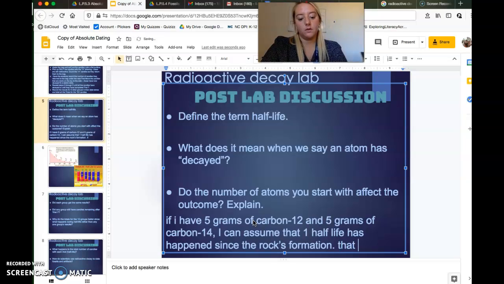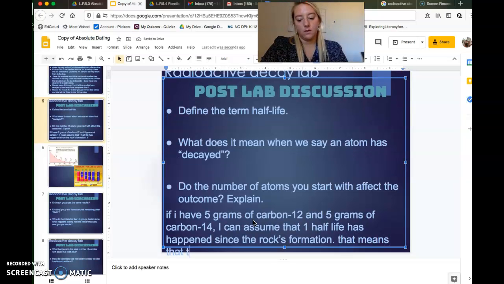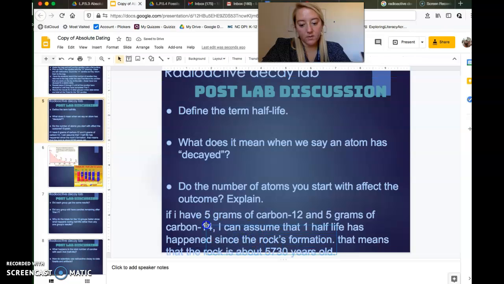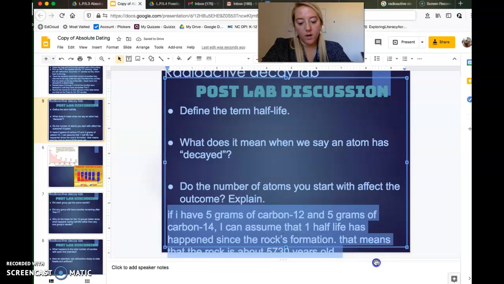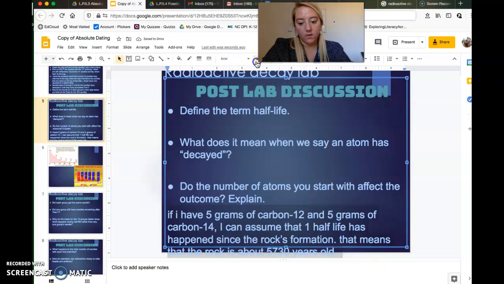That means that the rock is about 5,730 years old. Good. Now it gets a little bit tricky once we pass 1 half-life, because then we have to figure out things exponentially. But that's a good general rule of thumb right there.